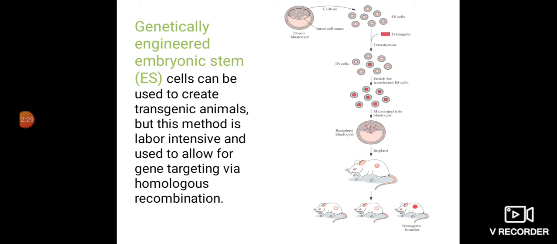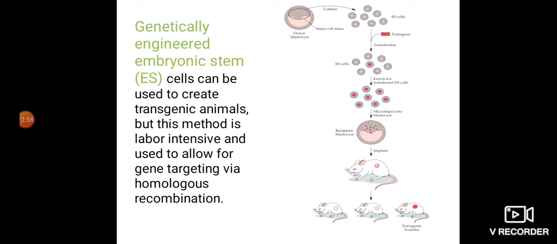Another very important method, which is most commonly used, is genetically engineered embryonic stem cells. Here they isolate an embryo from a donor organism. The blastocyst is taken and the embryonic cells are separated. These stem cells are then transfected with the transgene through a viral vector system.